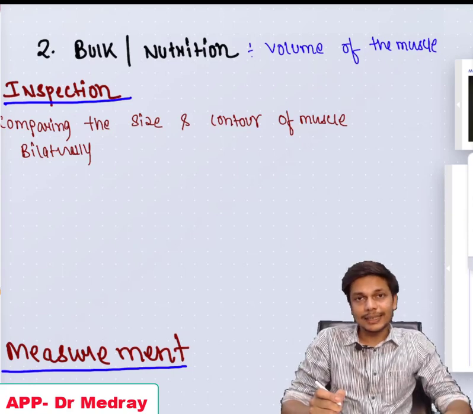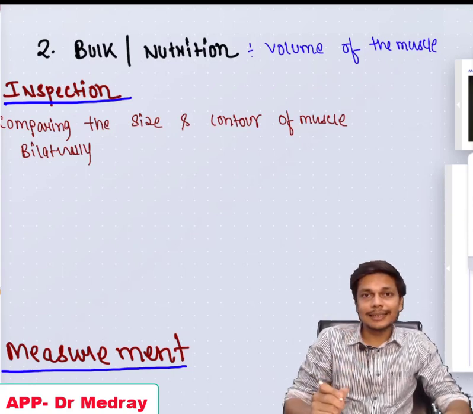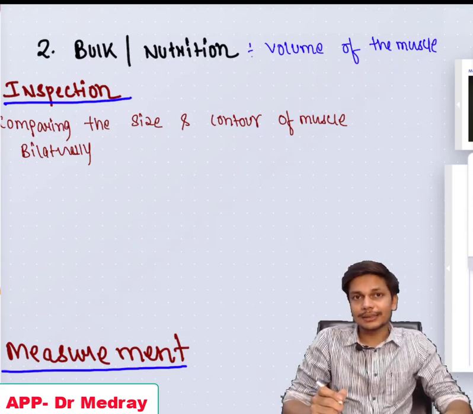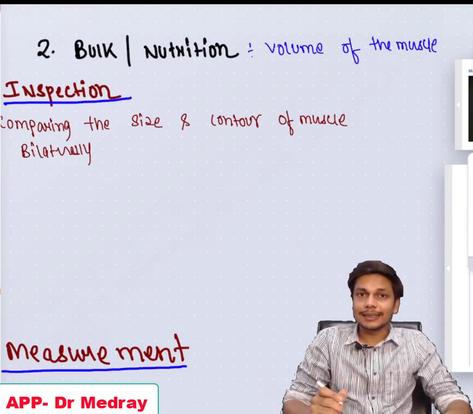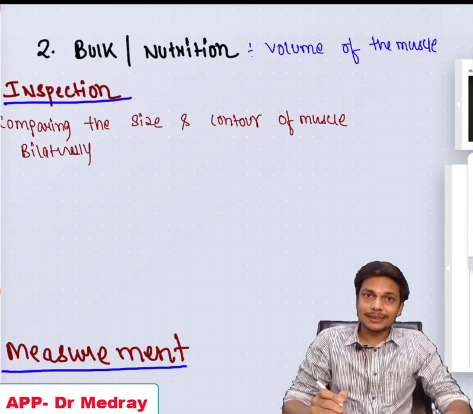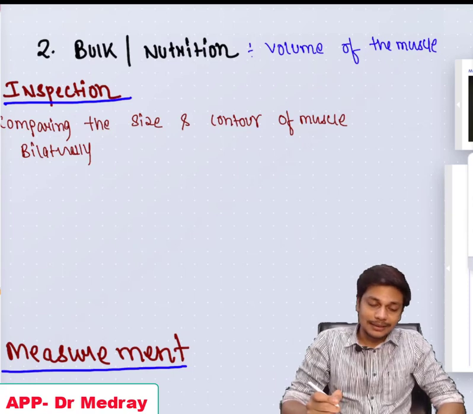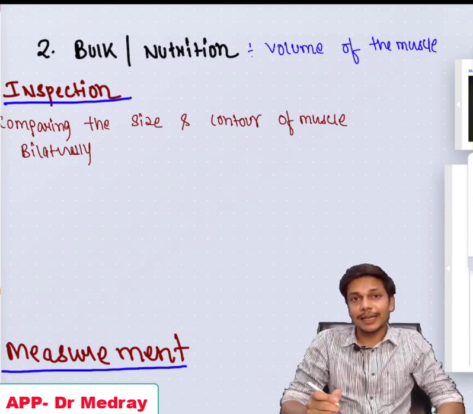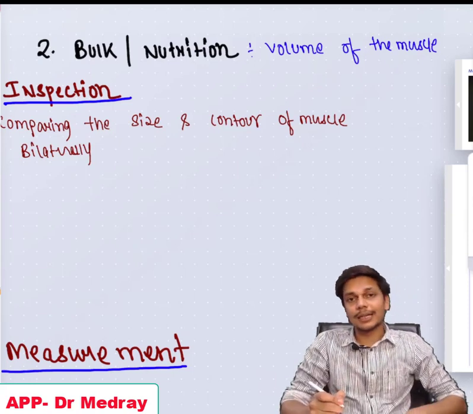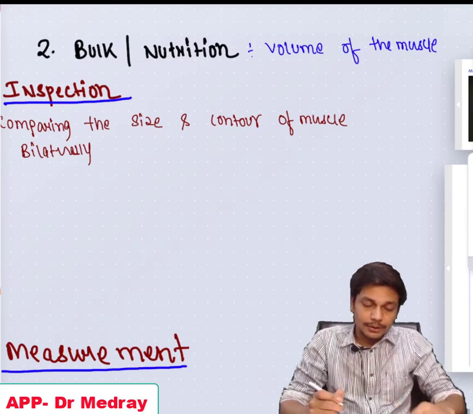Normally, acetylcholine is continuously released at the neuromuscular junction, continuously activating the muscle and maintaining the tone and the bulk of the muscle. So in lower motor neuron lesion there is no continuous release of the neurotransmitter and there is atrophy of the muscle. So the bulk of the muscle is necessary to identify upper versus lower motor neuron lesion.